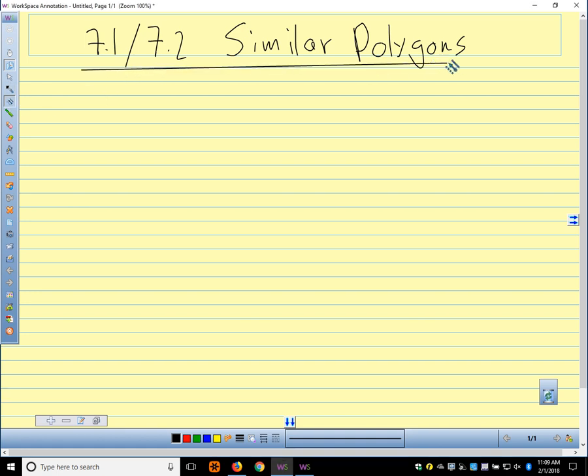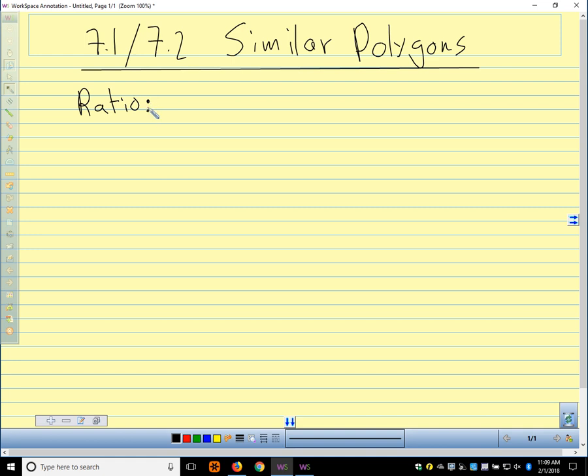All right, the first thing that we need to talk about is that everything we do with similar polygons has to do with ratios. So we need to know what a ratio is. A ratio is just a way of comparing two things using a fraction.